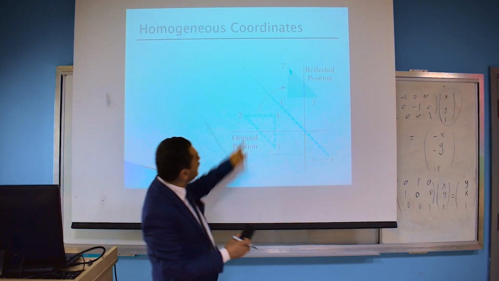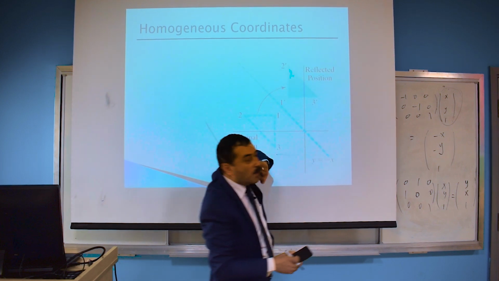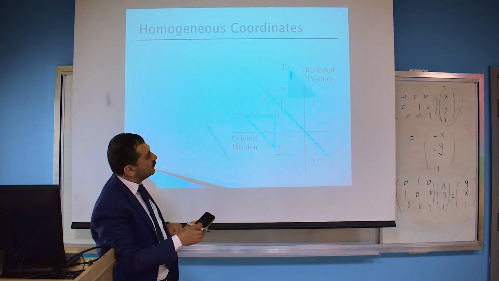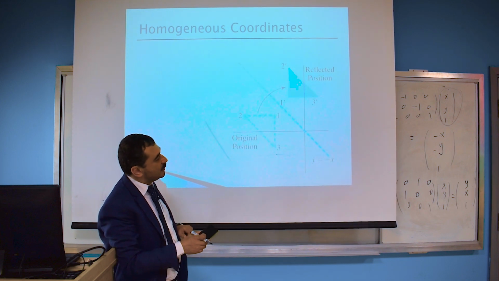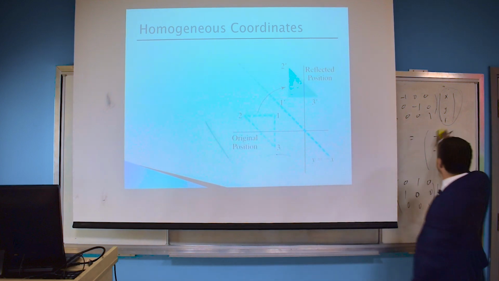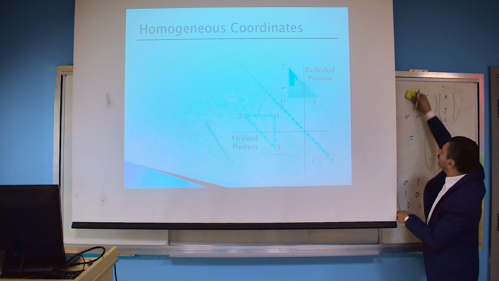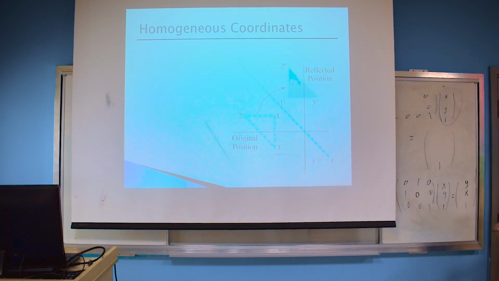What about this guy? This is the original object, and this is the transformed one. Reflection about y equals negative x. So what happens here to y and x? You change x and y, and they change their signs as well.